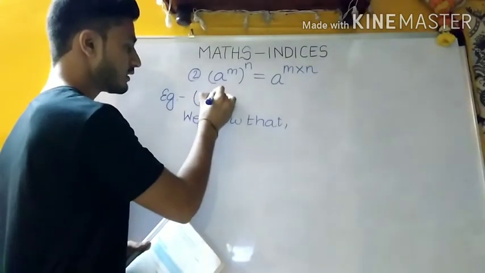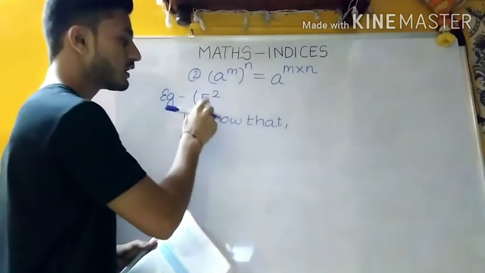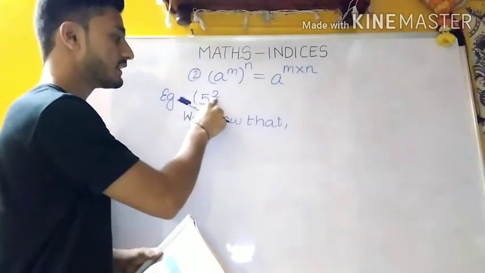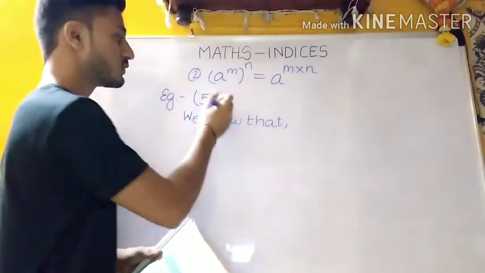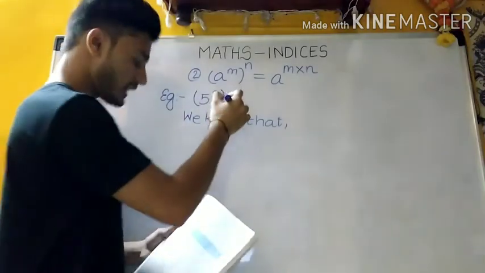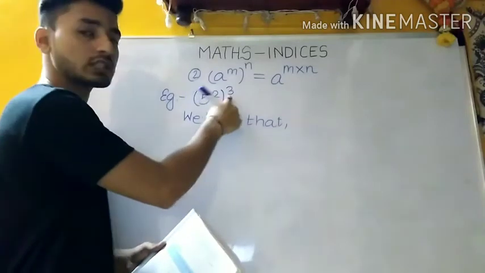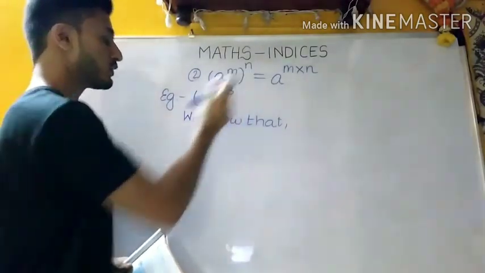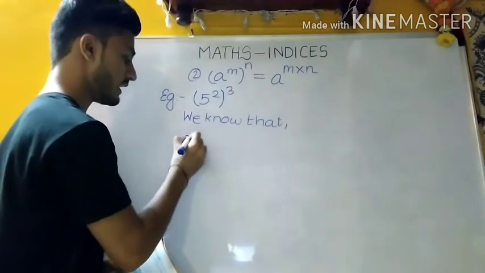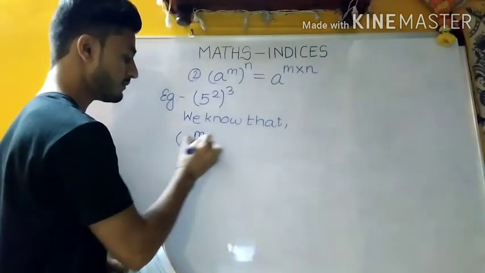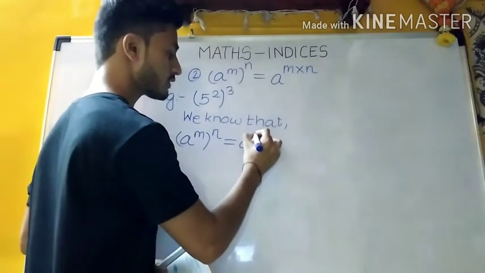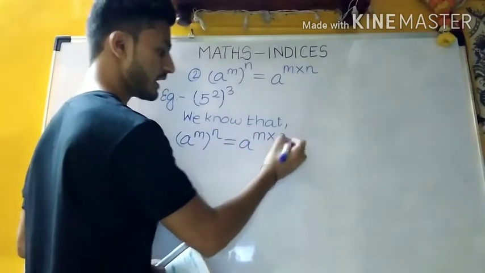So 5 raised to the power 2. Now you can read it as 5 square also, because when there is the power 2, you can use the word square. Raised to the power 3, or you can use the word cube also. Okay, now for this we are going to write the law, that is A raised to the power m raised to the power n is equal to A raised to the power m multiplied by n.